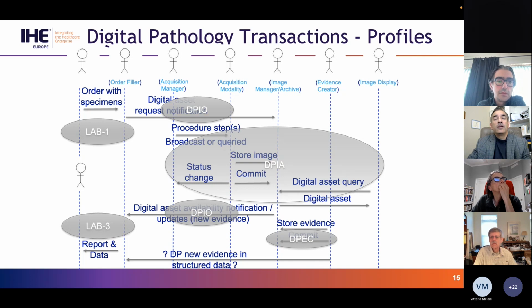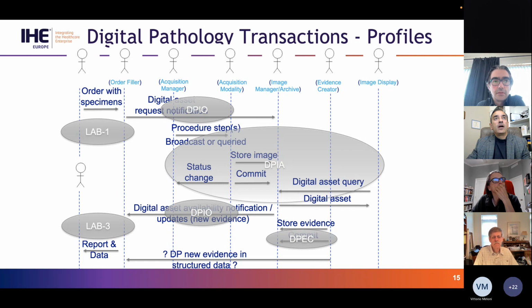But the more the merrier. And if there's limitations or constraints or things that we've missed, as we've identified with the first trial implementation of DPIA, then it's even more important that you're engaged and part of the process, helping us to really create a robust set of profiles to cover all of the important and common use cases dealing with digital pathology.